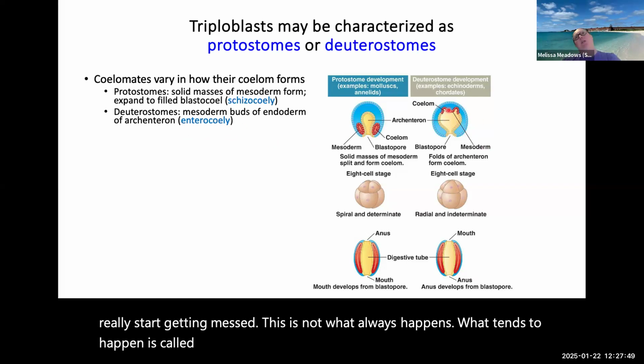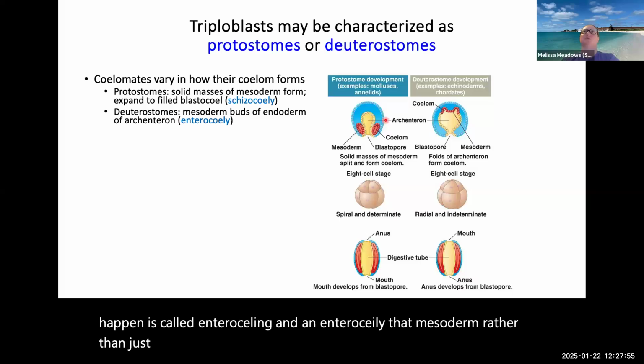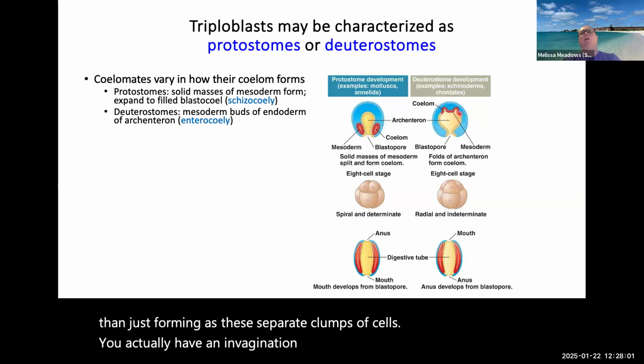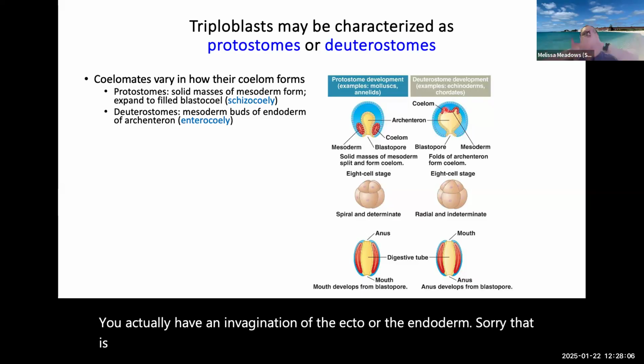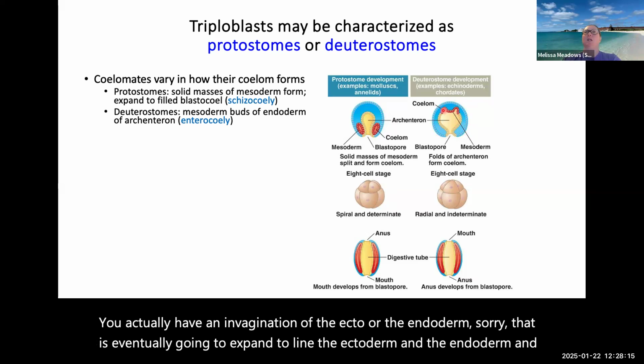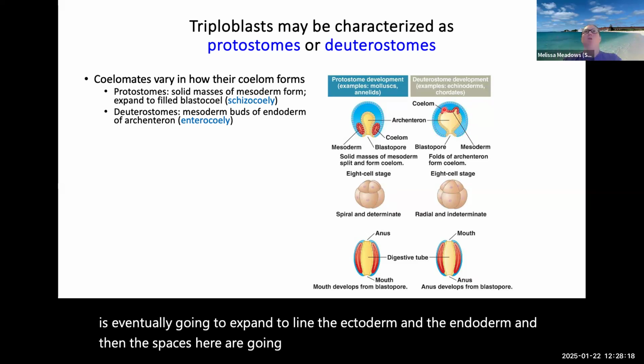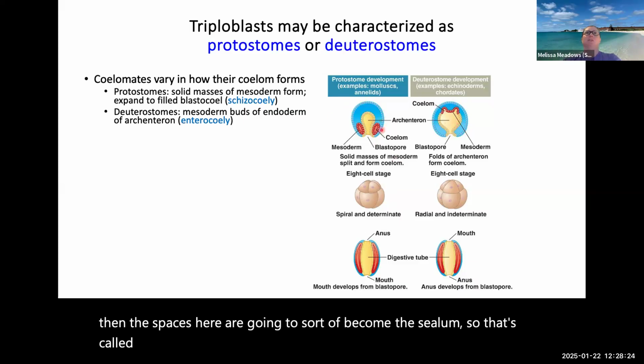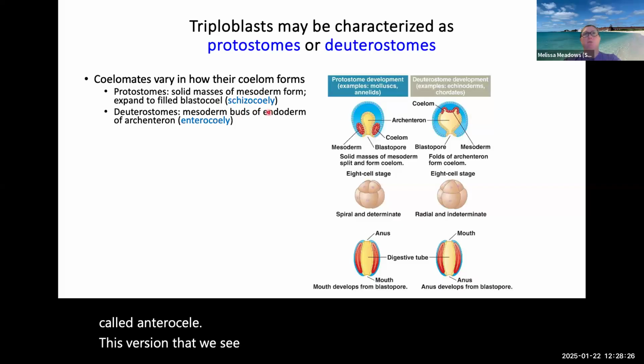And in enterocoely, that mesoderm, rather than just forming as these separate clumps of cells, you actually have an invagination of the endoderm, sorry, that is eventually going to expand to line the ectoderm and the endoderm, and then the spaces here are going to sort of become the coelom. So that's called enterocoely. This version that we see in protostomes with the clumps of cells is called schizocoely.